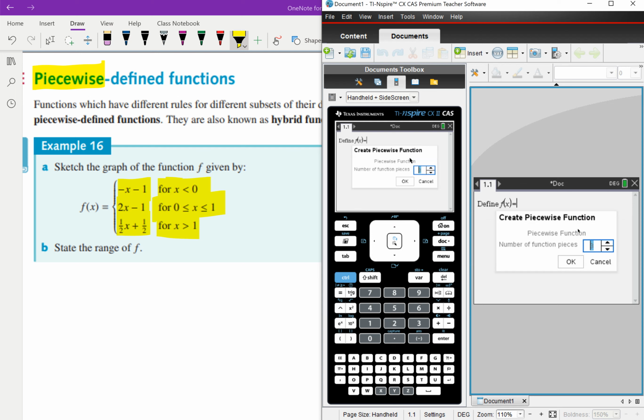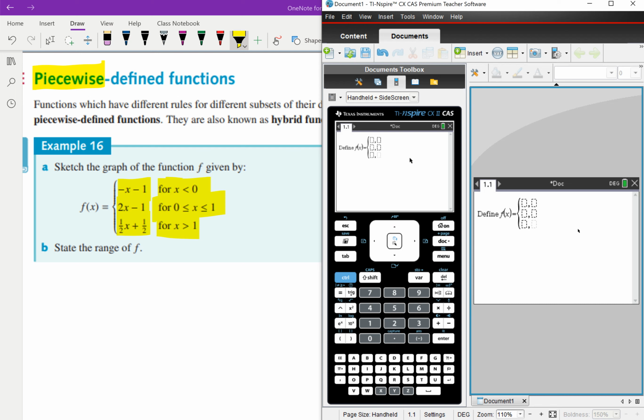That asks you how many of these piecewise functions you want. We want 3. Now we type in -x - 1. They want us to sketch a linear graph of -x - 1, but for x less than 0. So x is less than 0, control equals, you can see less than 0. One done. Next one, 2x - 1.